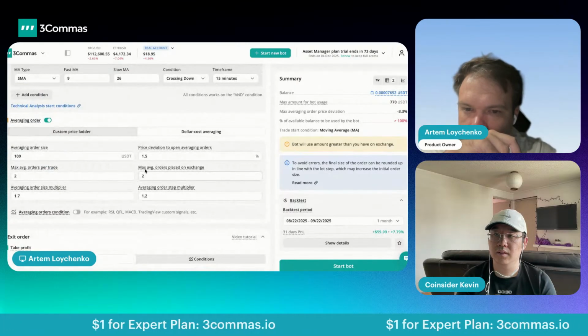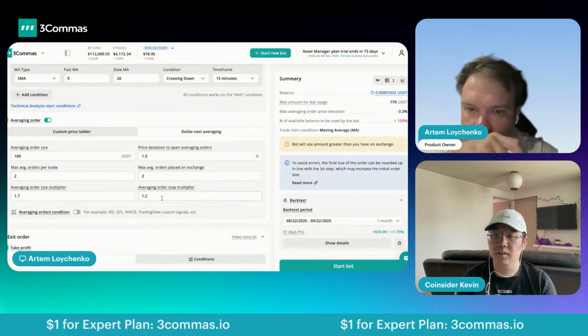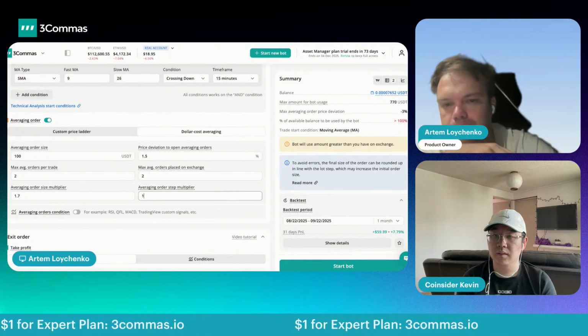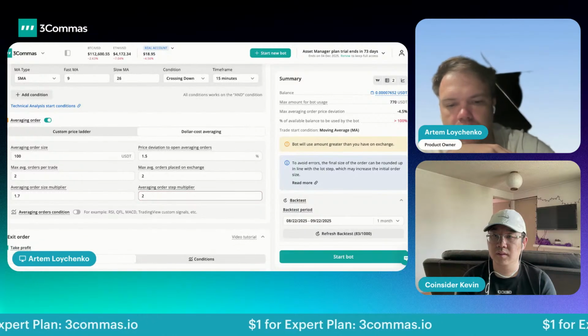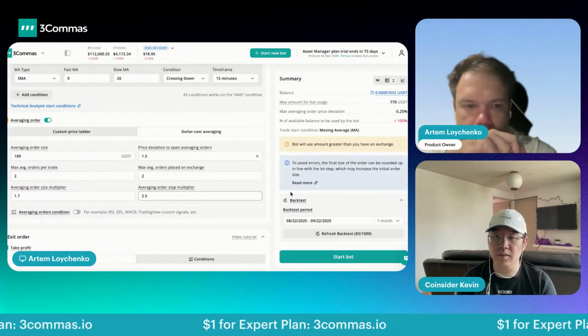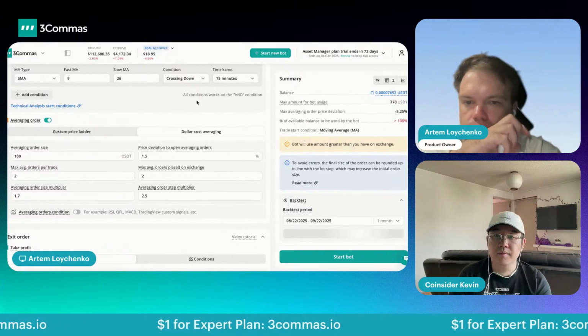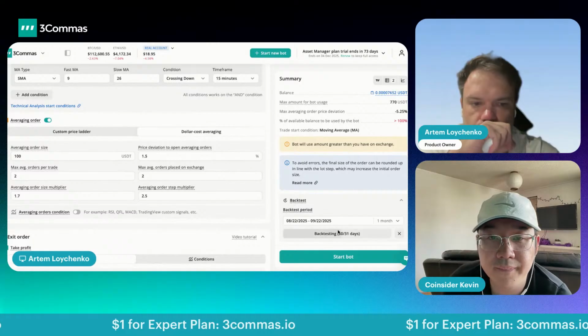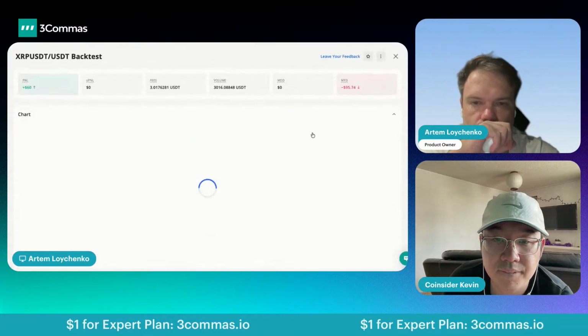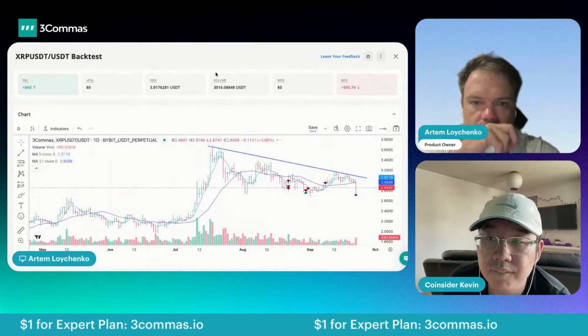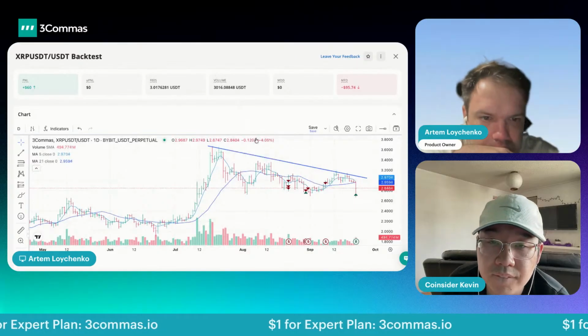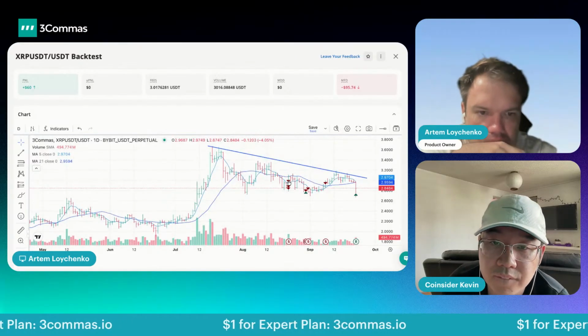Okay, so the averaging order step multiplier. I usually go higher, like even like this. Okay, so let's rerun and see. Nothing changed, right? Only the last one. That's true.